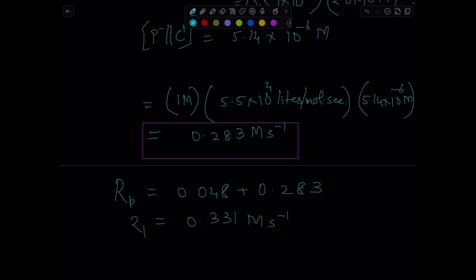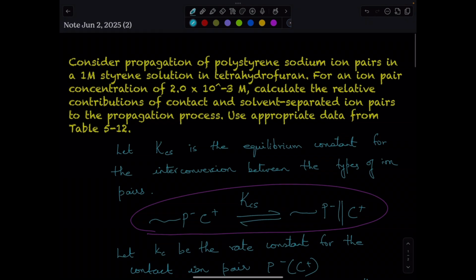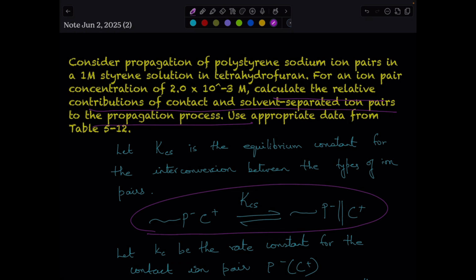So this is the rate of propagation. We need to find out the relative contributions of contact and solvent separated ion pairs.